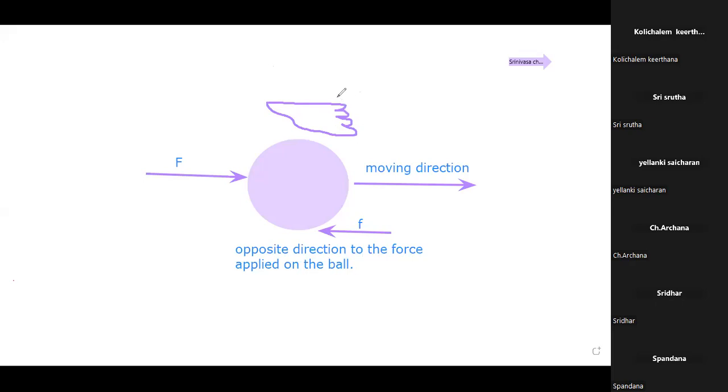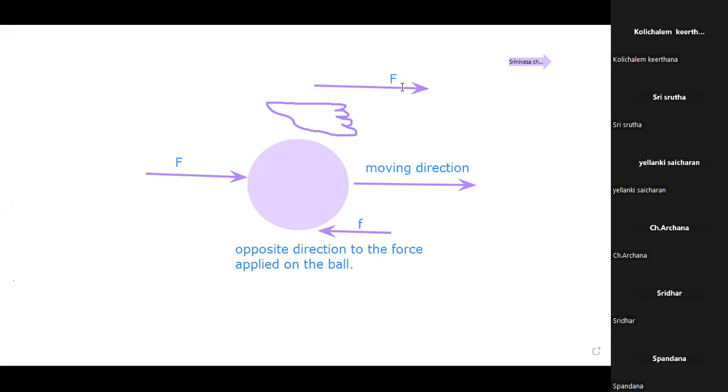Here you see the direction of object moving. That means I am moving in this arrow mark direction. Okay. What is the direction of friction produced in this particular situation? Can anybody answer? This capital F I am giving here means simply the force applied on the particular body.